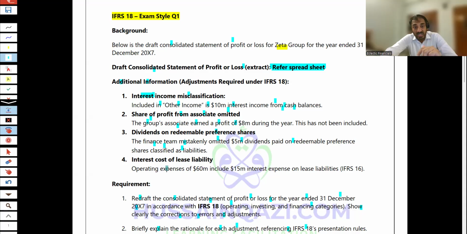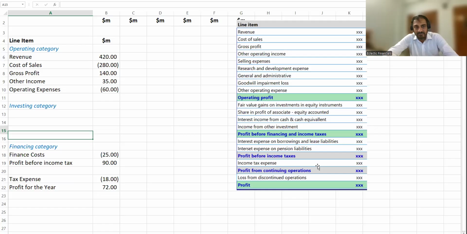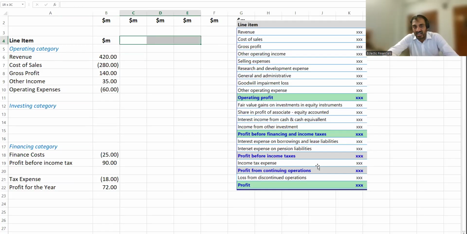What they mentioned: operating expense of $60 million includes $15 million interest expense on lease liability. What they have done, interest cost incorporated with the lease liability, that's wrong. That's not right. So what we should do, we have to make adjustments here and redraft it.